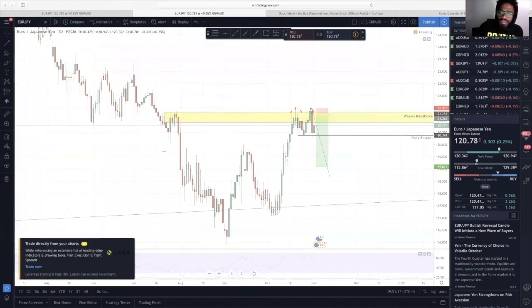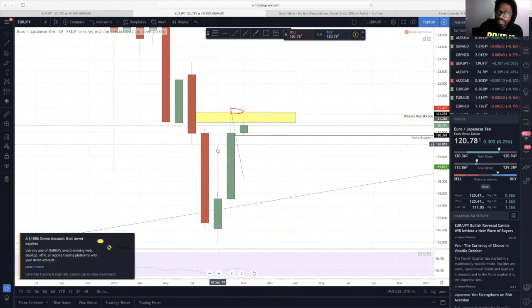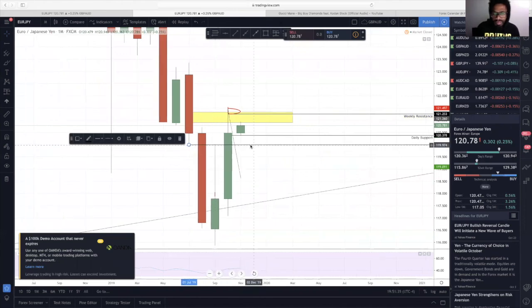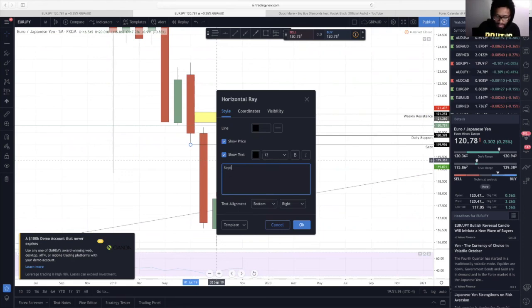So what you've got to do is go to the monthly real quick to understand something. Right, so price actually needs to break down this level. We see this right here. This is actually going to be our support level. That's daily support. This is monthly support. This is September monthly support.